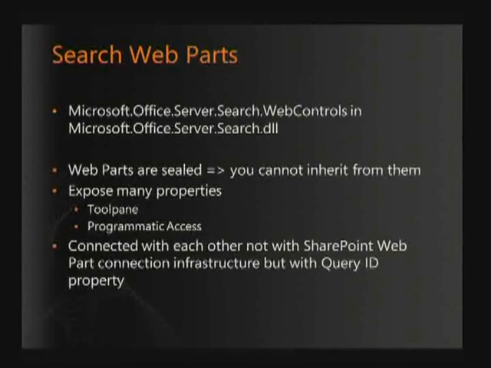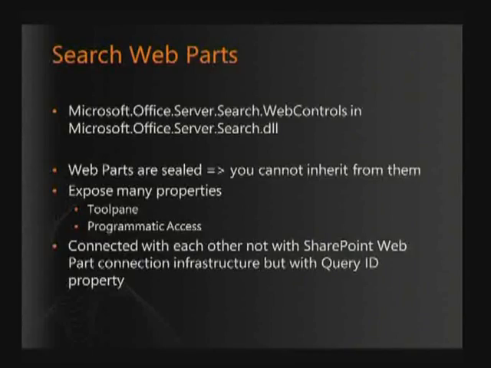At the level of the core results, which is the one that actually executes your query and shows the search results, you have a query ID. You can add, for example, the paging web part or the statistics web part on the same page and set the query ID property to the same query ID that you have at the level of the core results.